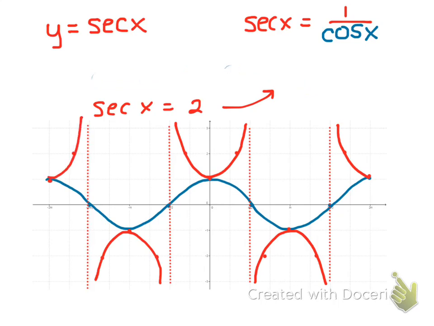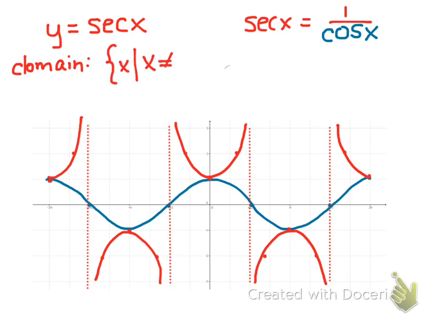Okay, next, let's look at the domain and range. So for secant, we see that it's defined for all x except where x is pi over 2 and any multiple of pi more or less than pi over 2.